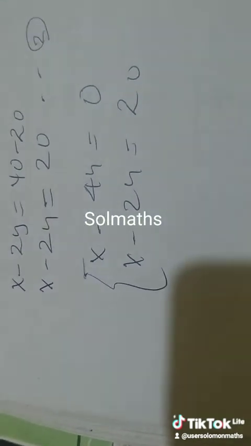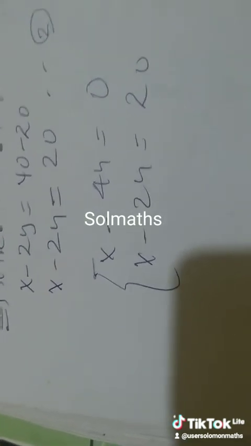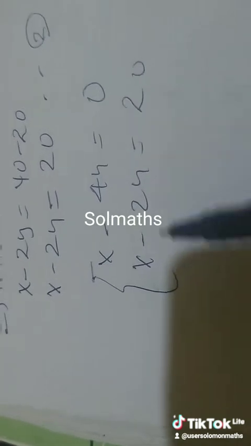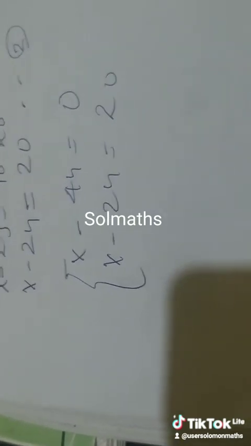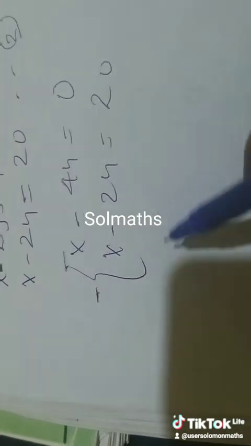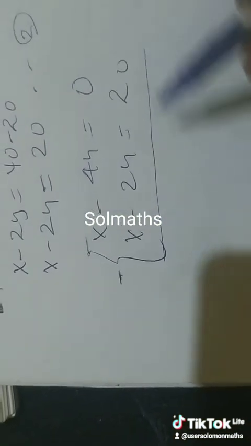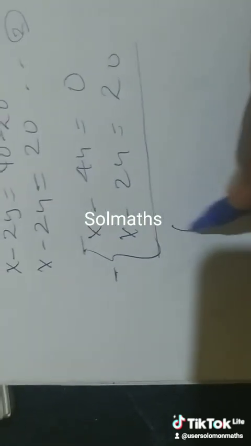In order to solve this, let us eliminate the variable X. Simply eliminating the variable X is simple. So by subtraction, we can use minus. X minus X is 0.